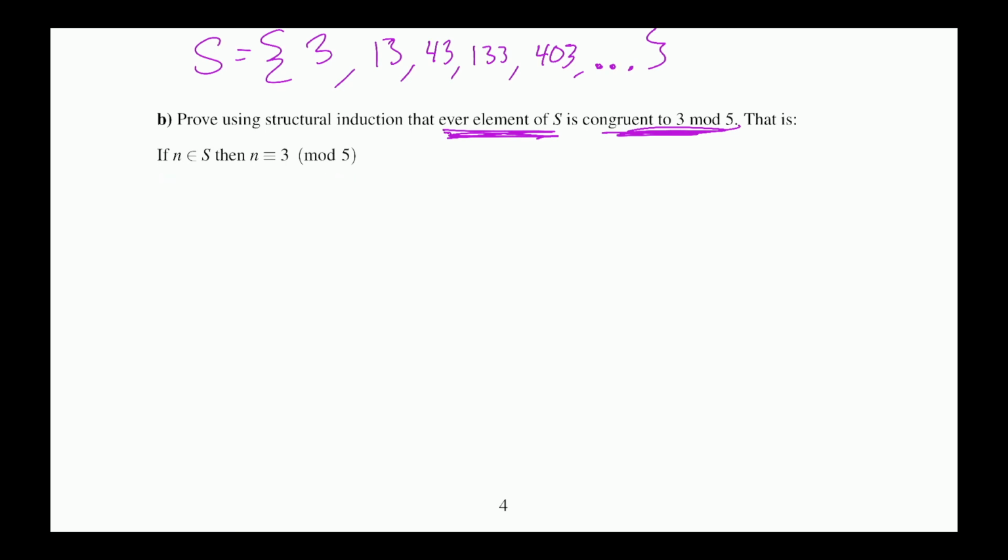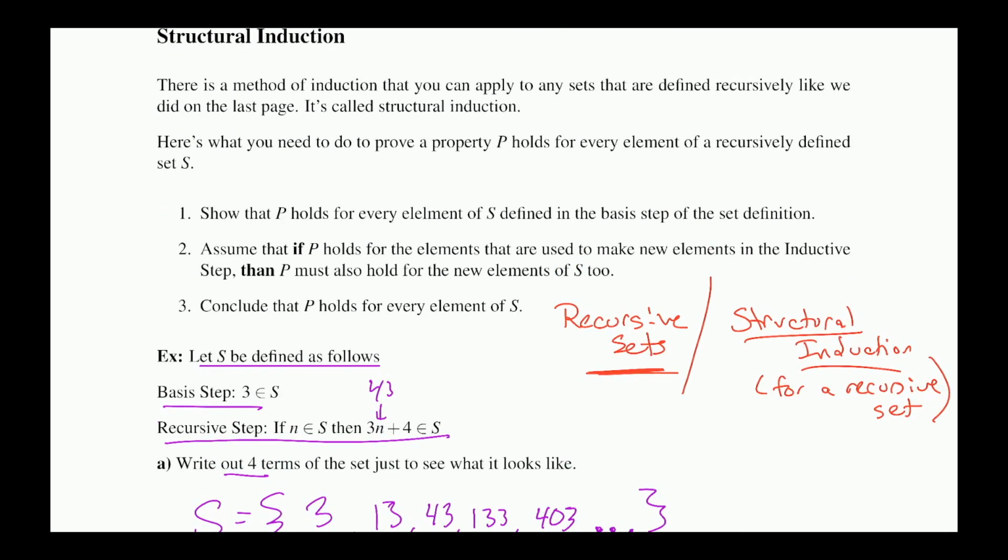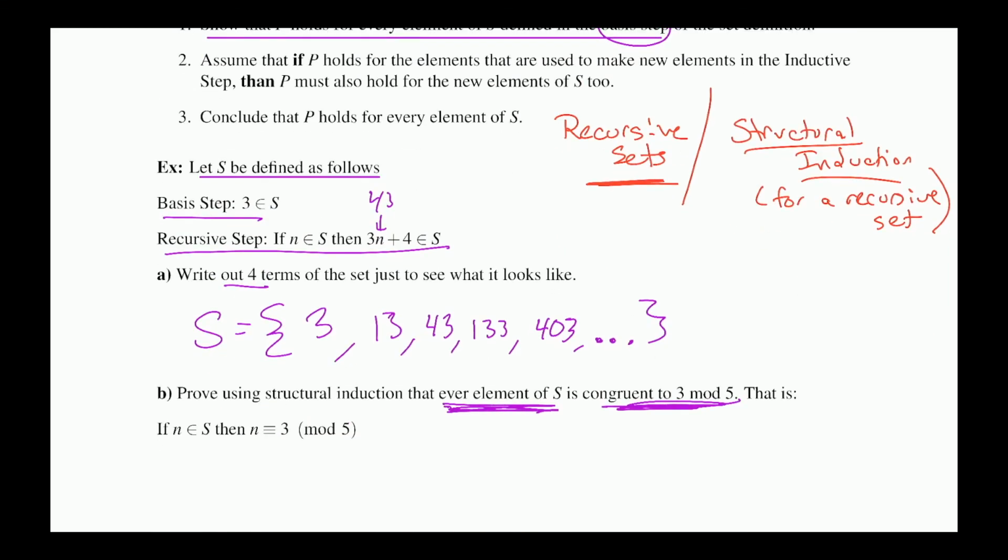In order to do structural induction to prove this property, you need to show that the property holds for every element of S defined in the basis step. That's the key. So your basis step for the proof is just showing the property for the basis step of the set. And what makes this confusing is there's a basis step for the set, and then there's a basis step for the proof, right?